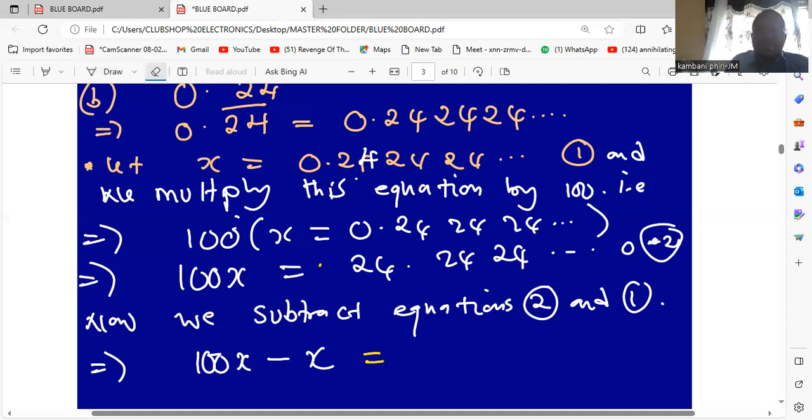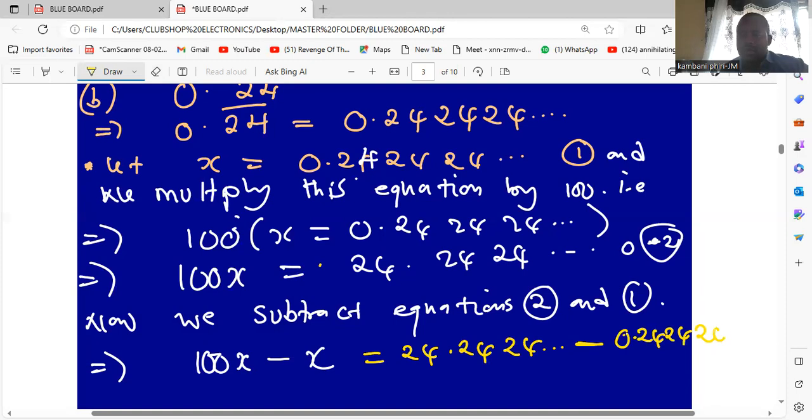Okay, great. So 24.2424... up to infinity minus 0.242424... up to positive infinity.